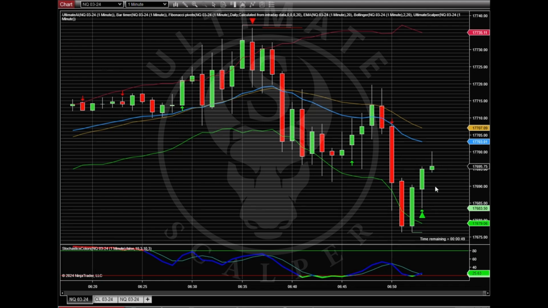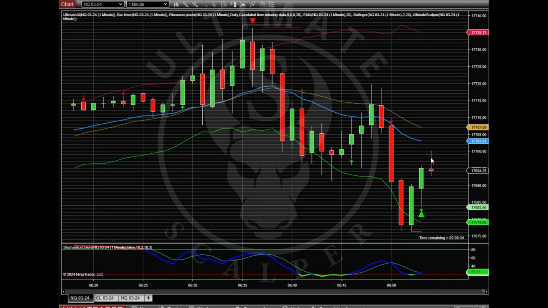NQ moves really quickly, especially on the 1 minute, but it did work, and if I took it on the close here, it would have worked as well. Not for a whole lot, but enough.